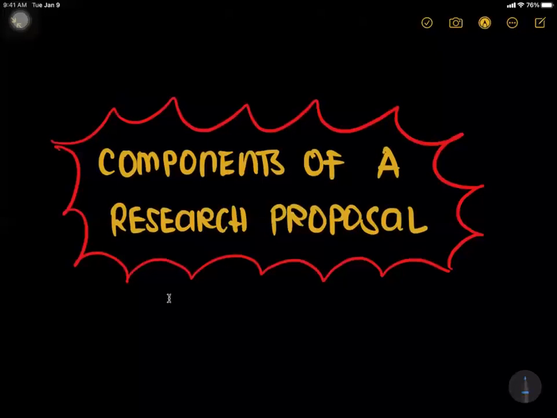Some components might not be included, some might be in there, but the ones we'll be discussing today are the most essential components of a research proposal.